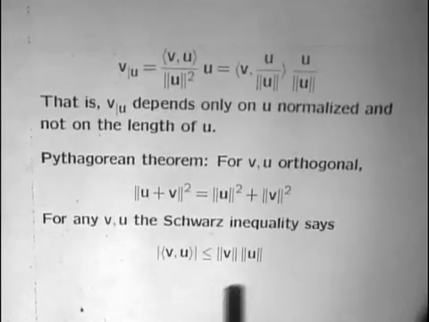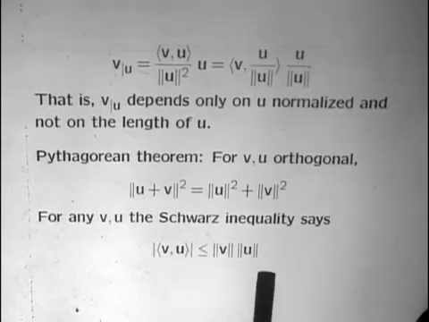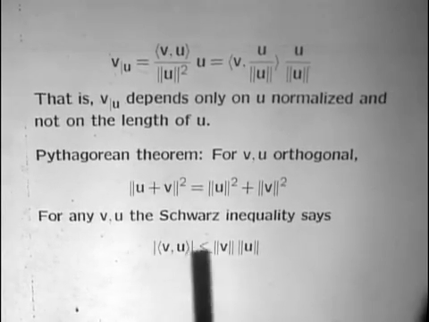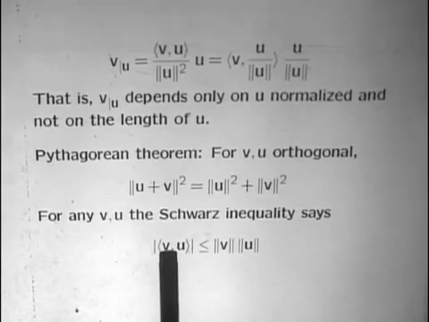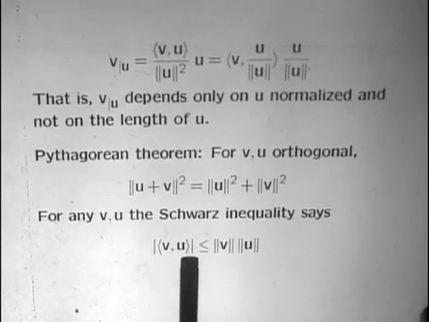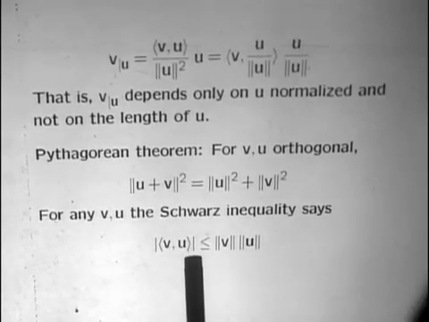Oh, I did want to say something about it, though. If you divide the left side by the right side, you can write this as the magnitude of the inner product of the normalized form of v with the normalized form of u. If we're talking about real vector space, this in fact is the cosine of the angle between v and u.